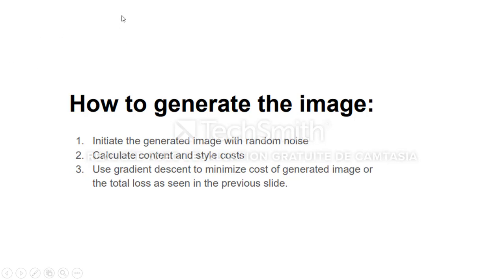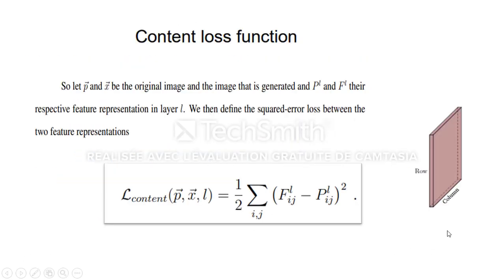Okay, so we need to calculate the loss so that we can minimize the loss between the content image and my randomly chosen image, and the style image and my randomly chosen image. Okay, so this is my loss of the content image.